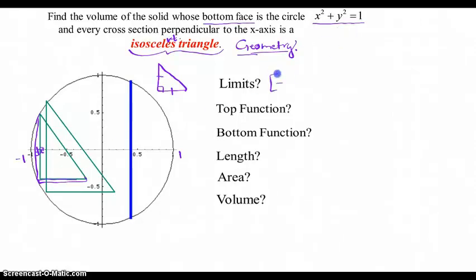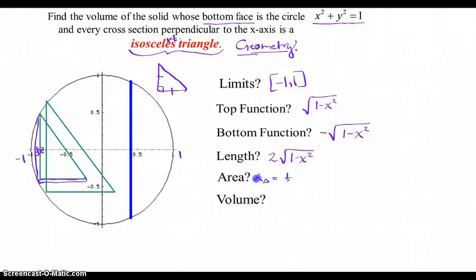We set our limits of integration as -1 to 1. Our top function is still that positive root. Our bottom function is still the negative root. So our length from top bounding curve to bottom bounding curve looks like this. But now our area is the area of a triangle, not the area of a square. That's 1/2 the base times the height.